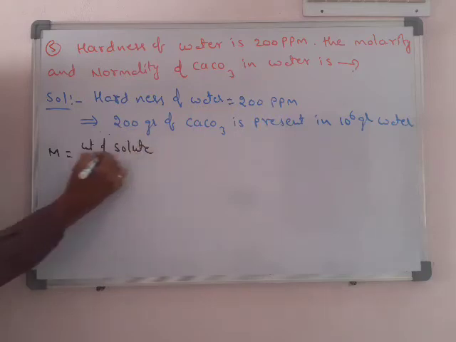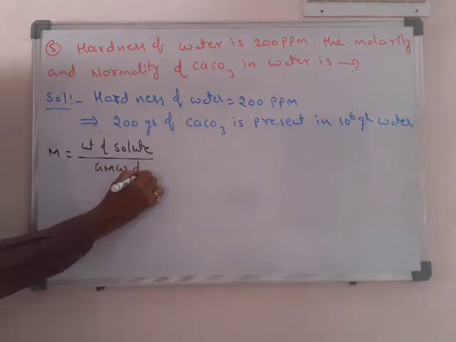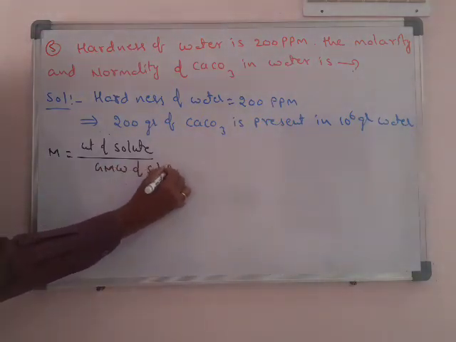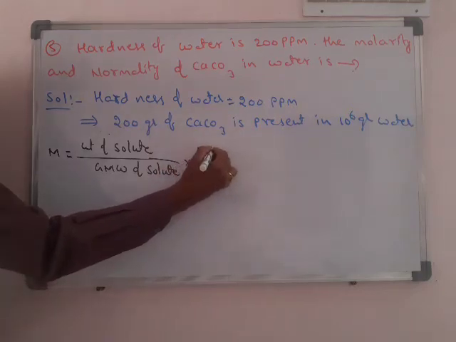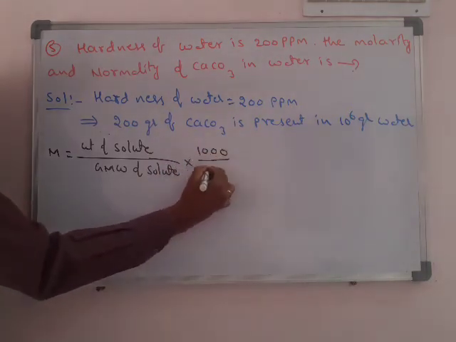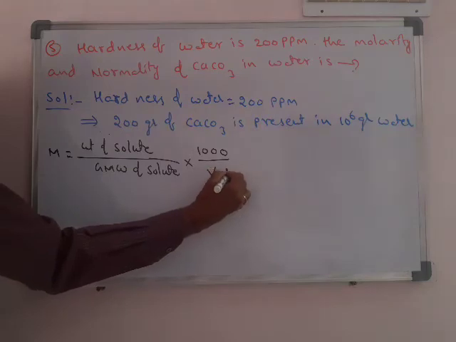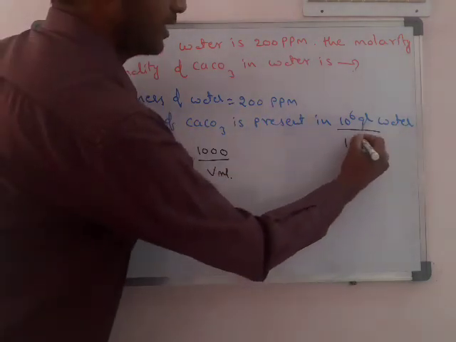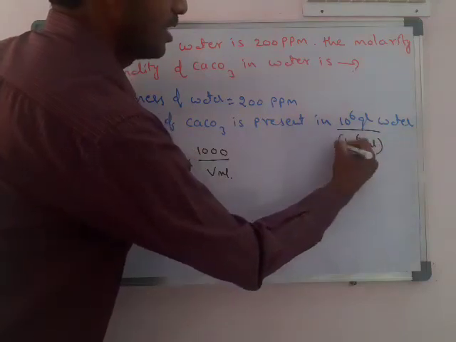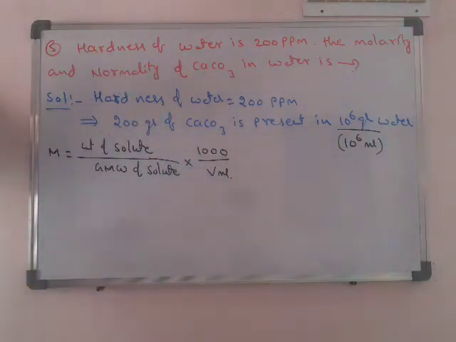The weight of solute by gram molecular weight of solute, into 1000 by volume in milliliters. What about 10⁶ grams of water? It is equal to 10⁶ milliliters, because the density of water is 1 gram per milliliter. So we can take it as 10⁶ milliliters.